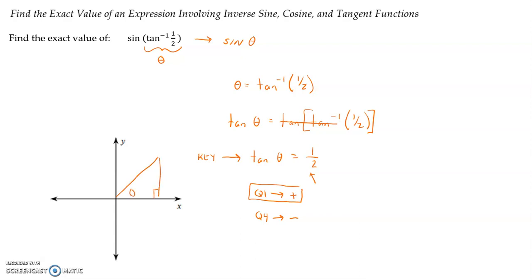So let me go ahead and label my theta. Keep in mind that for tangent, you actually have your opposite side and your adjacent side. So my opposite side here is a 1, my adjacent side is a 2. And we can go ahead and use Pythagorean theorem to get our last side.